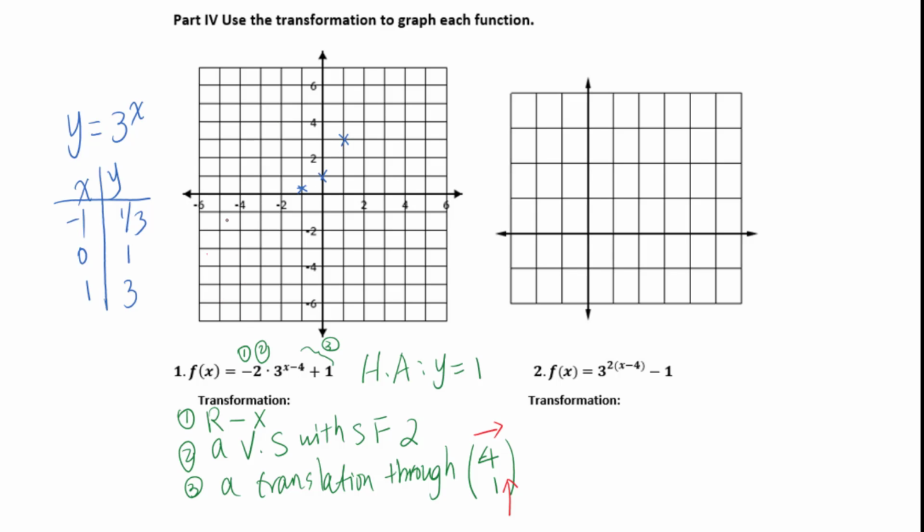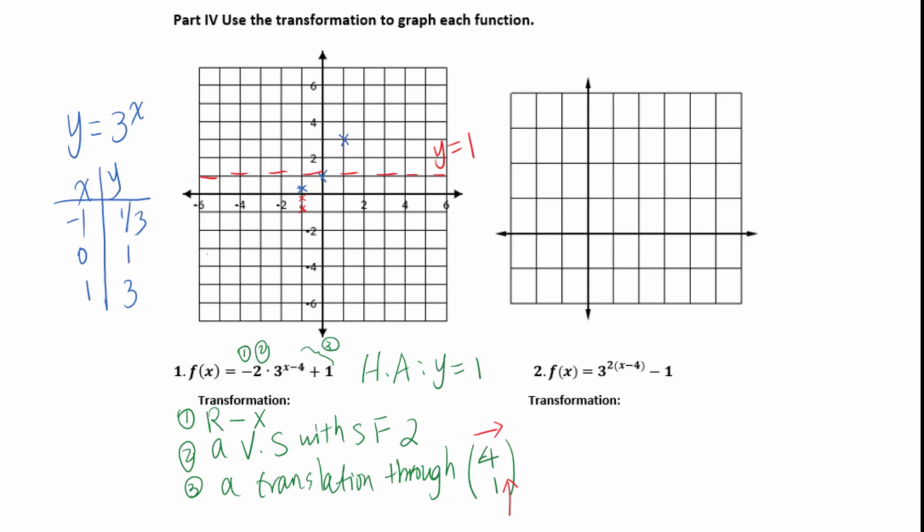Let's draw the horizontal asymptote line first, y equals 1. For this point, reflect across the x-axis, go here. Then the distance from the x-axis multiplied by 2. 1/3 times 2 is 2/3. We'll go here.